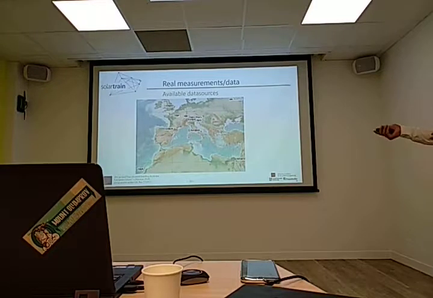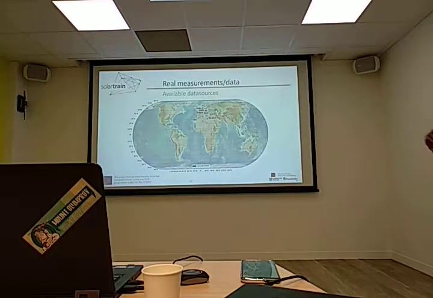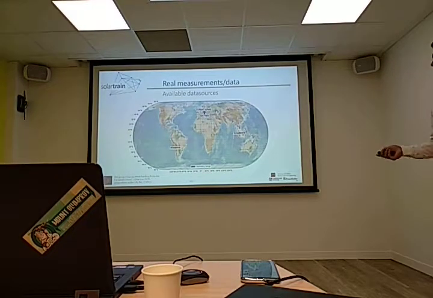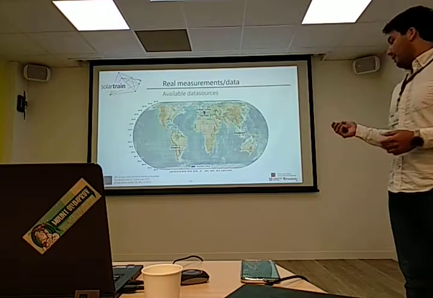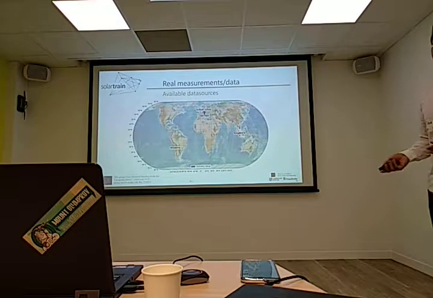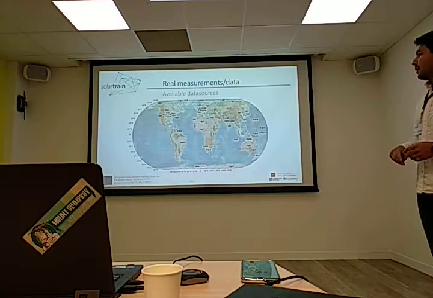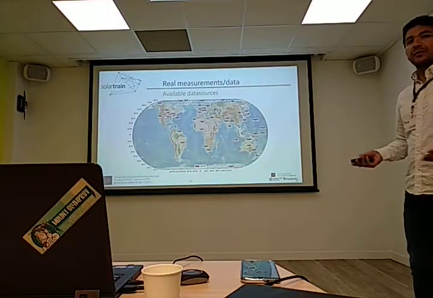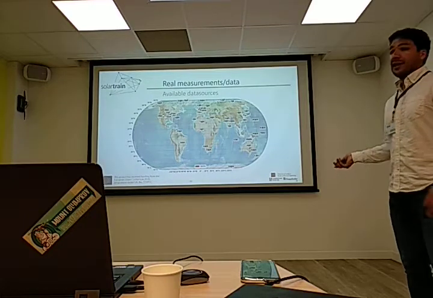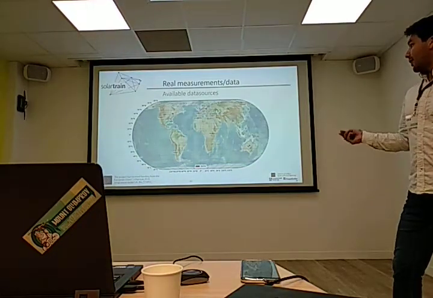Regarding numbers, again, we have the SolarTRAIN sites in the world, then humidity sensors, which we will discuss later, with Stefan presenting where we installed several devices around the world. The BSRN dataset also provides a lot of information in terms of irradiation and temperature at many locations.